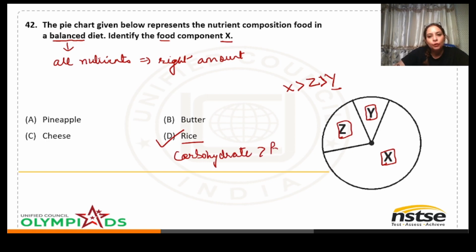Then comes protein, and then last, the minimum quantity present in it is for the nutrient fat. So here the correct answer would be option D.